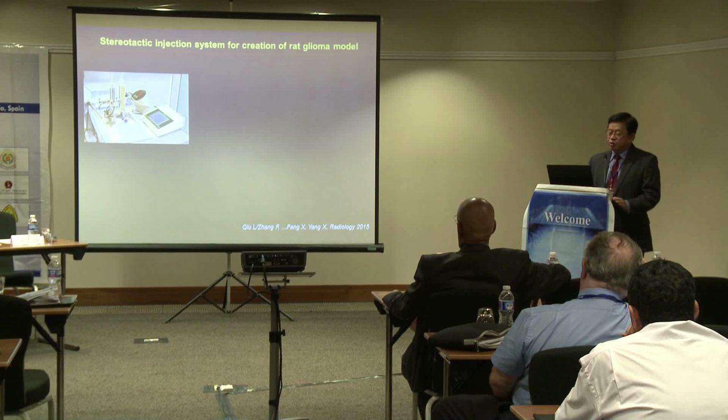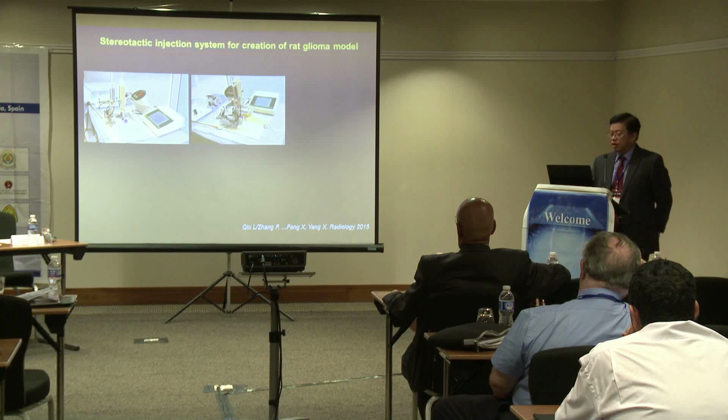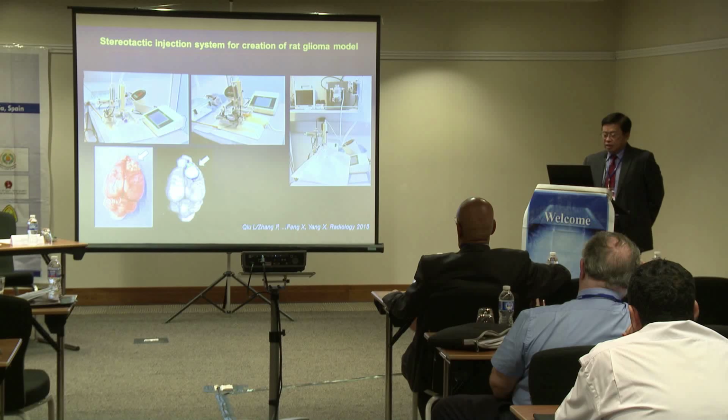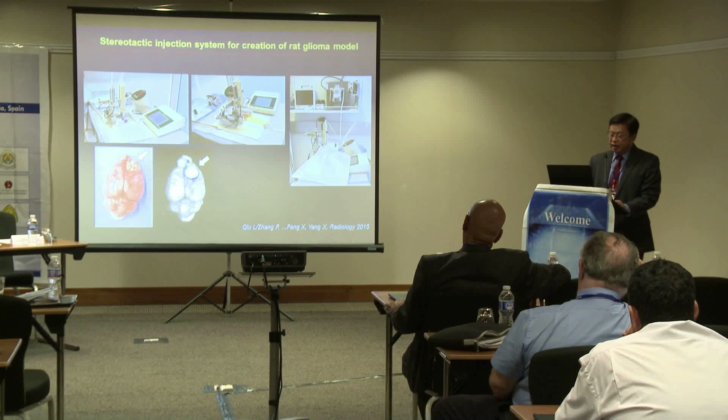Here's one example. We create a rat glioma model by local injection, using this kind of stereotactic system, so we can make animal models with glioma. Then we can use an optical imaging contrast agent to outline the tumor.